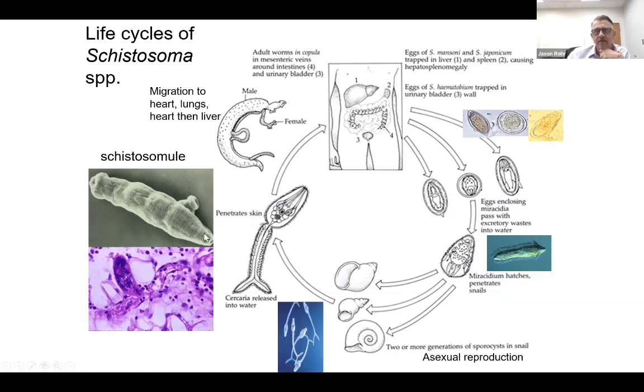And if it's successful enough to penetrate the human skin, which is what is shown here, then it will migrate through the bloodstream to the heart, the lungs, and then the liver, and then eventually make its way into either the intestines or the bladder, depending on the species, where if it's lucky enough to find a member of the opposite sex, it'll reproduce sexually for life in a monogamous state in the veins in those locations.